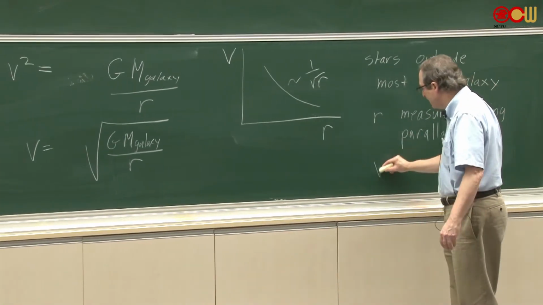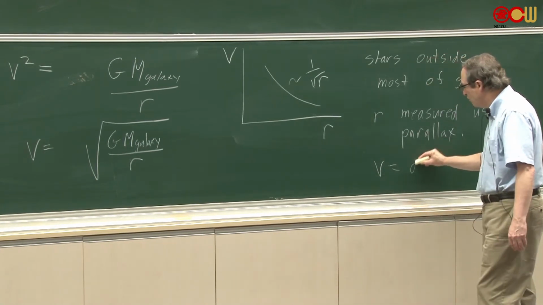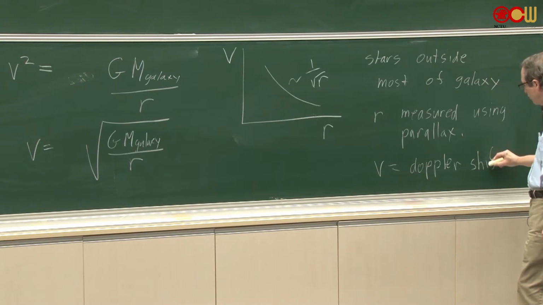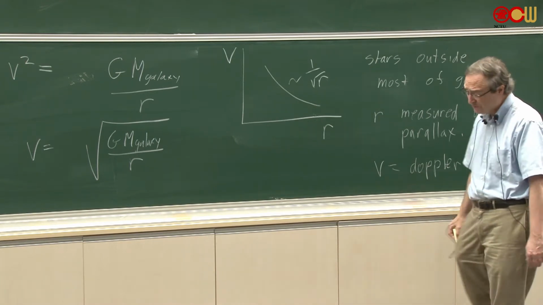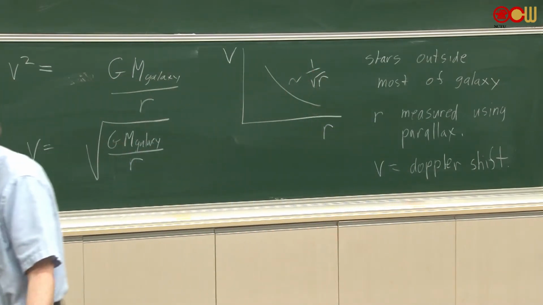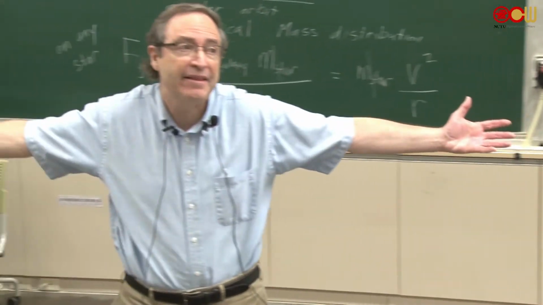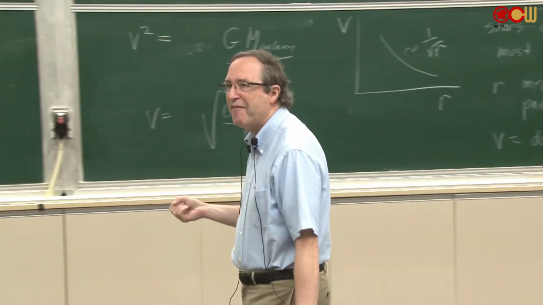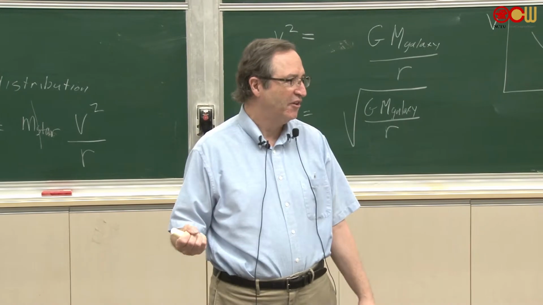The velocity is measured using what's called the Doppler shift. So this is one of the most important tools in physics, especially in astronomy. We use the Doppler shift to know, for instance, that the universe is expanding. So what the Doppler shift is, how many people have ever heard a train whistle? Nobody?